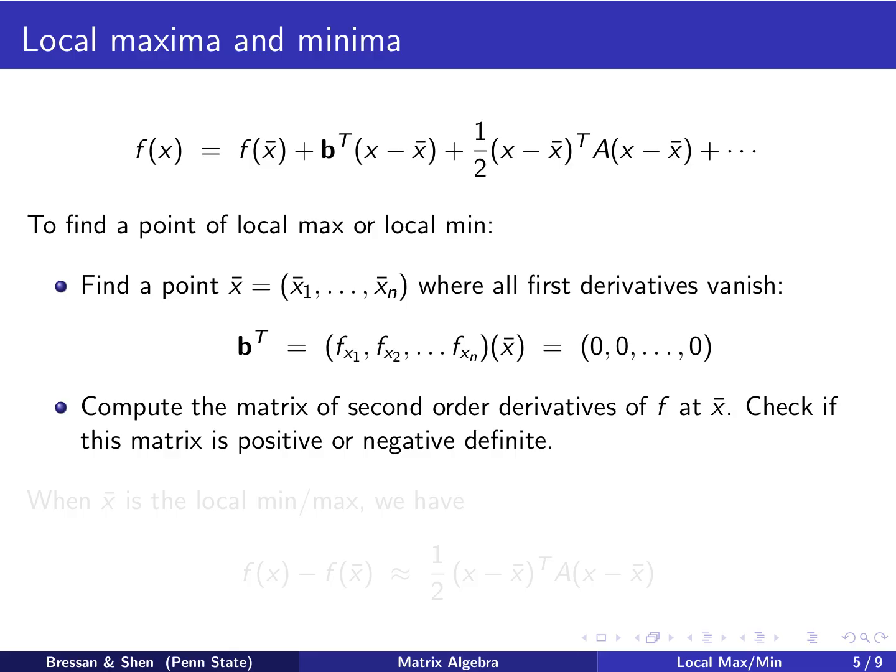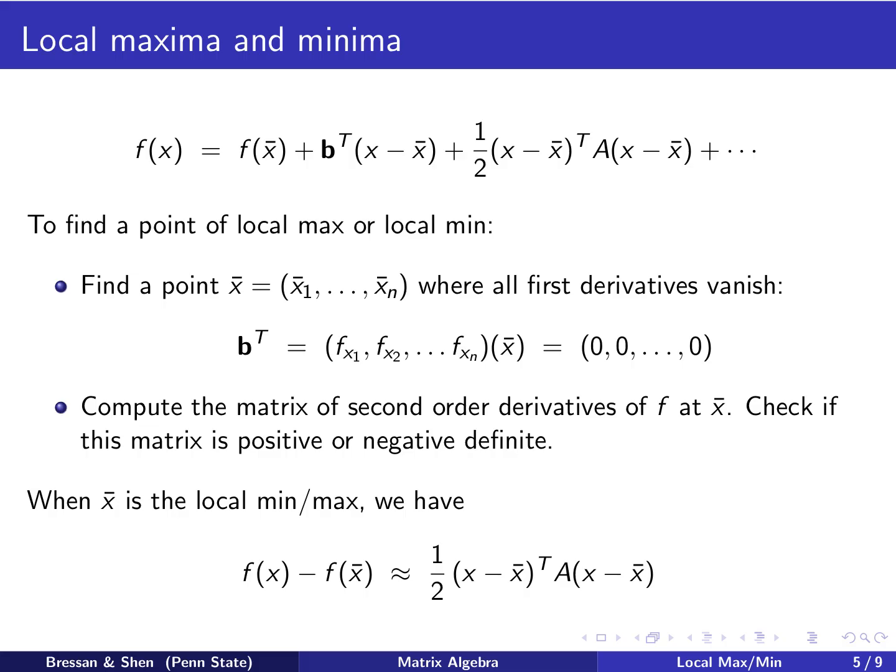And secondly, we need to compute the Hessian matrix. That's the matrix of second order derivatives of this f at x bar. Once you have that matrix, you need to check if this matrix is positive or negative definite. We have the following property.